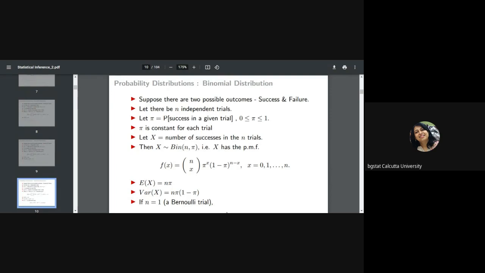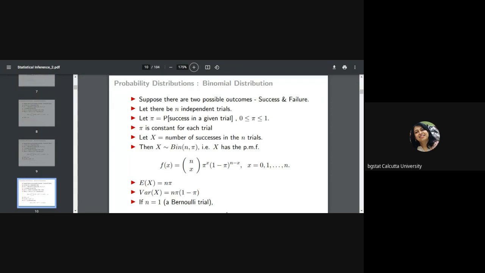So this makes sense intuitively. If you have a single trial where the probability of success is pi, if you have n trials, on average you would expect n pi successes. Similarly, it's possible to show that the population variance of x is equal to n pi times 1 minus pi.